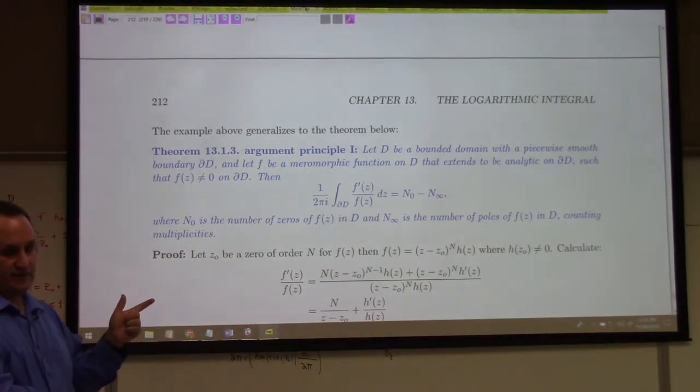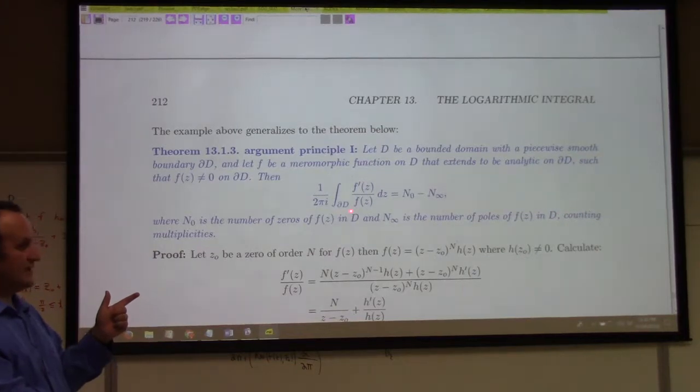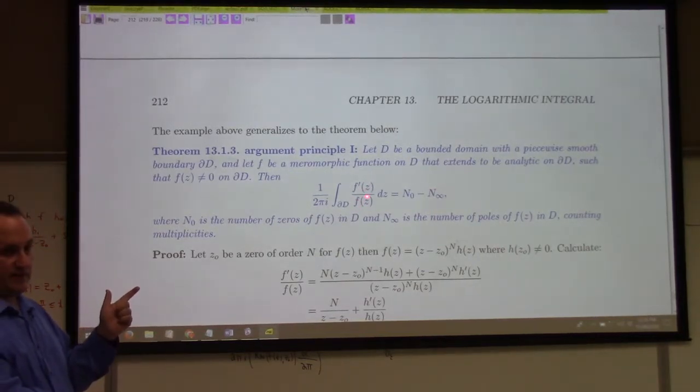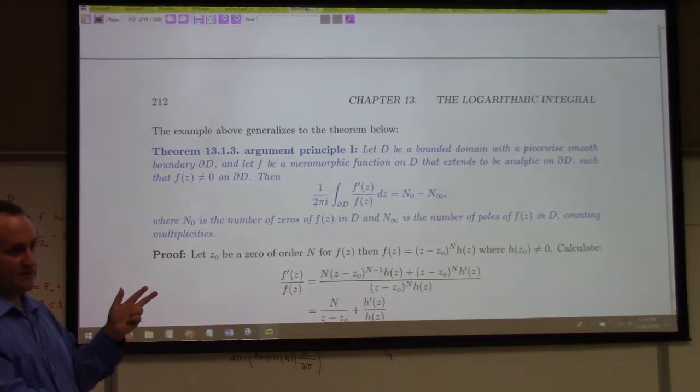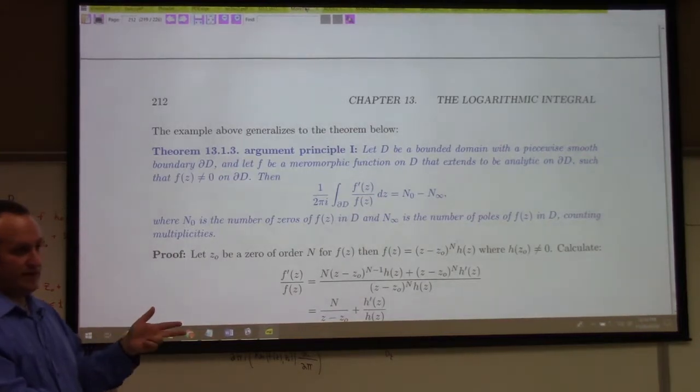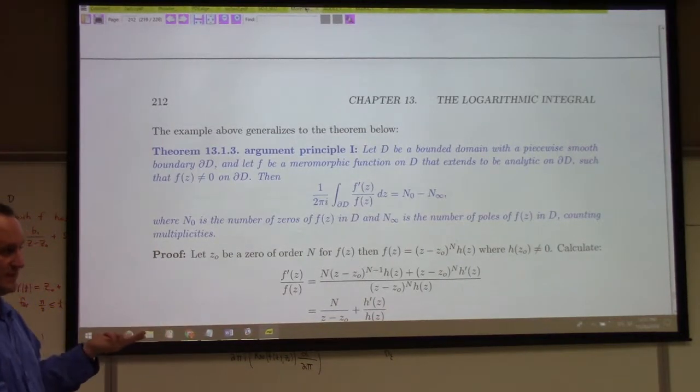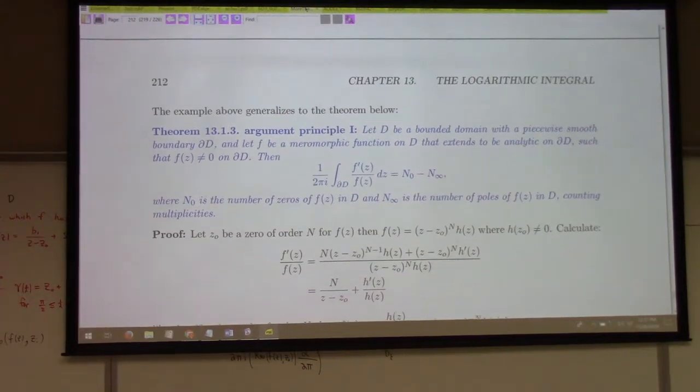So to calculate the residues of this function inside D, we need to calculate the residue of this at any zero or any pole of f. And that's what the proof involves, looking at those two cases, either f having a zero or f having a pole. In both cases, we're going to calculate the residue, and then the residue theorem produces this result. That's the proof. So let's look at the calculation.